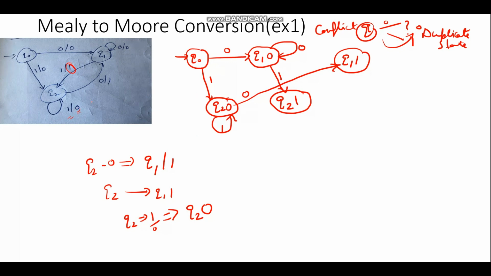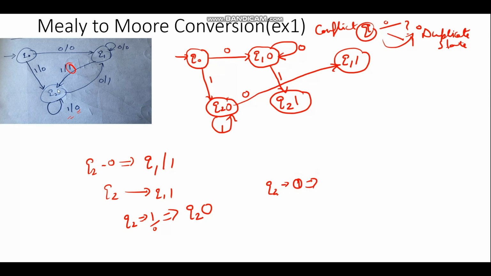We have checked when Q2 is given input 1, so now we have to check when Q2 is given input 0.